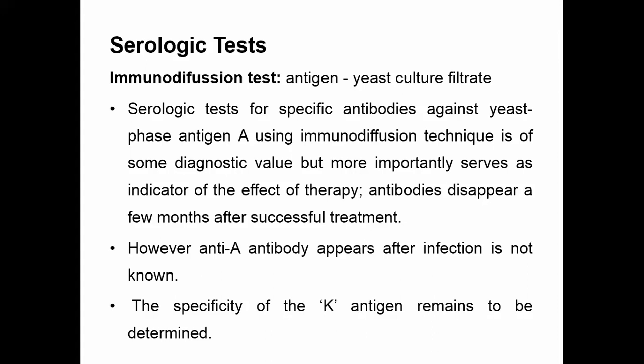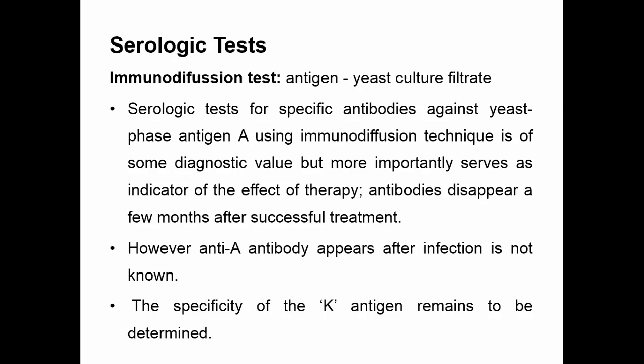Now, whenever this Blastomyces dermatitidis is there in a yeast form, it has a specific recognition antigen which we call the K antigen, right? This is specific whenever it is in yeast form only. Now, this K antigen will always bind to an antibody and give us a positive result.